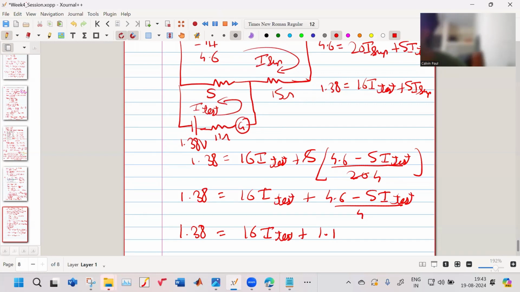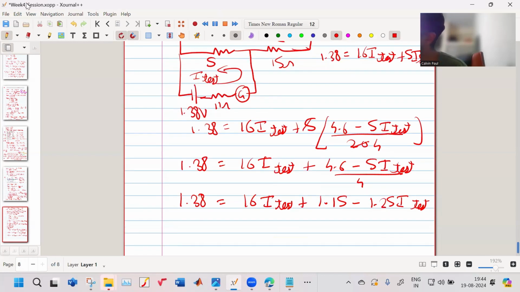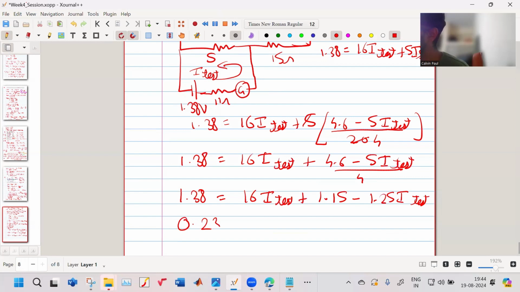It is 1.15 minus 1.25 I test. So that is actually equal to 1.38 minus 1.15. It becomes 0.23. And 16 minus 1.25 becomes 14.75 I test.